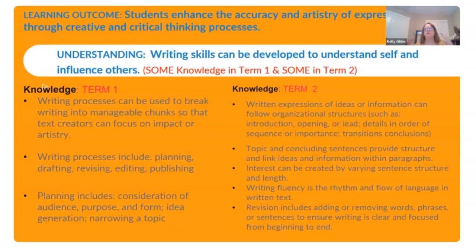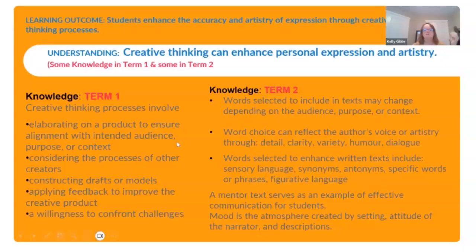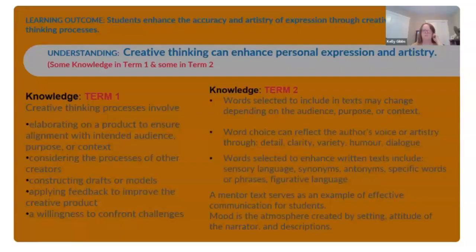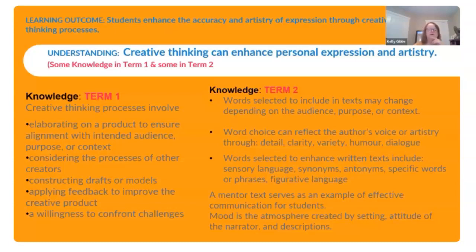There weren't any specific skills and procedures to identify, and it's about writing processes and expression of ideas in term 2. Understanding is part of it in term 1, again part of it in term 2. Let me just go back. Yeah, I think I did that correctly.